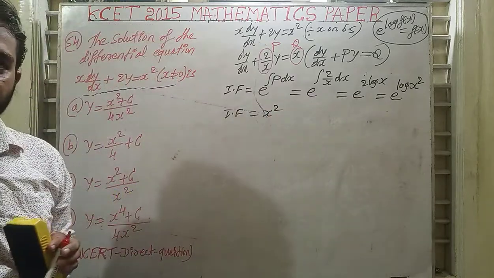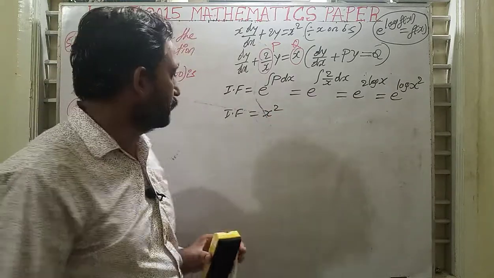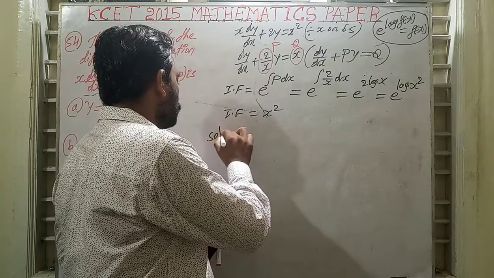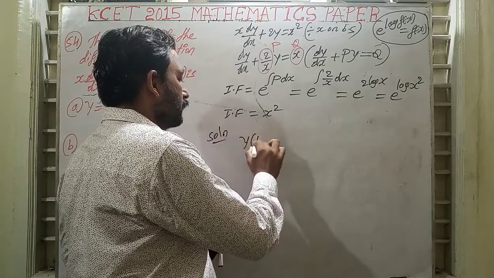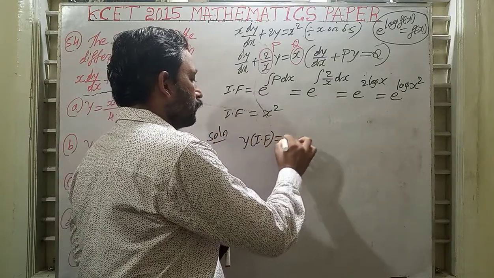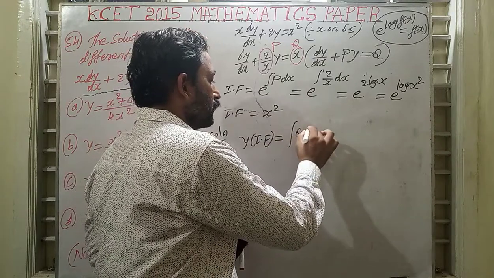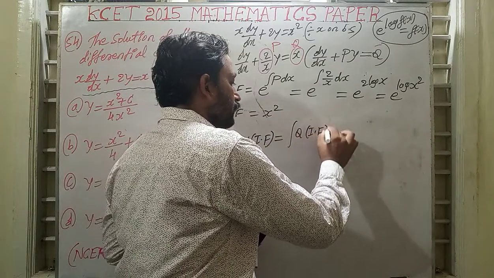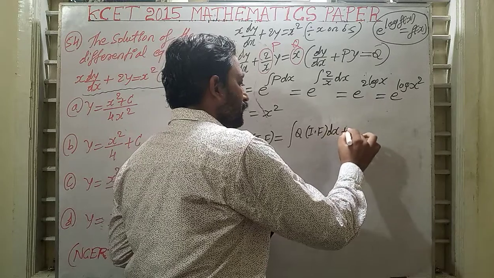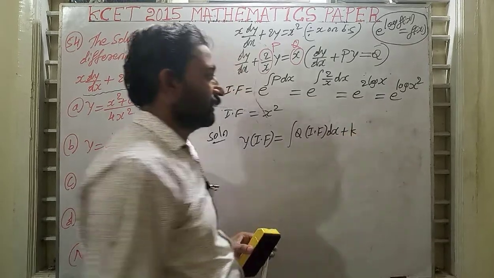So now write down the solution of this differential equation in the form: y into integrating factor is equal to the integration of q into integrating factor with respect to x plus the integral constant, here taken as k.